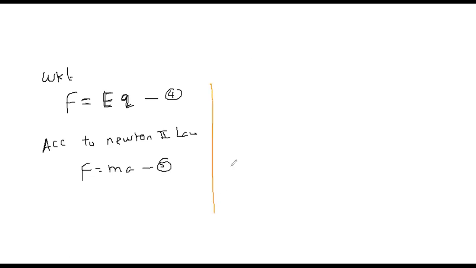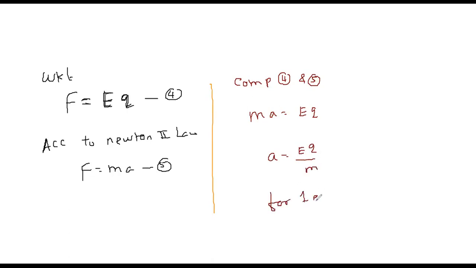Compare 4 and 5. We get ma is equal to EQ, so a is equal to EQ by m. For one electron, instead of Q we can write e. So substituting this, I get a is equal to capital E small e by m.